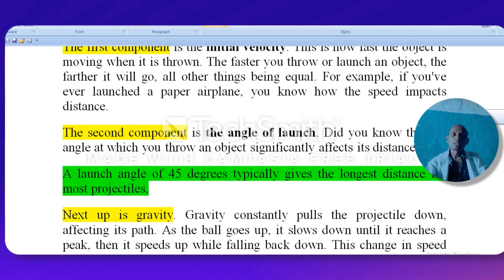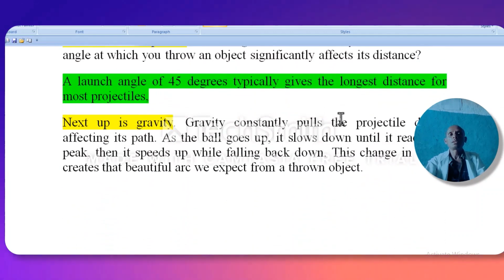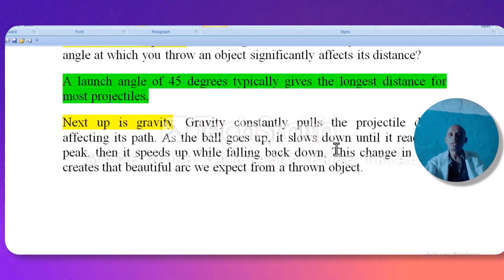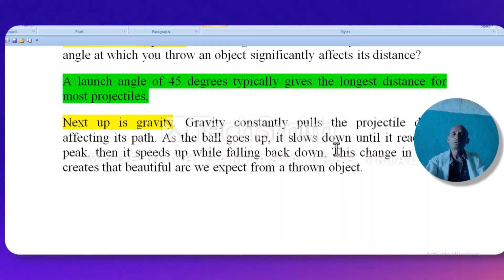The other factor is gravity, a constant that pulls the projectile down, affecting its path. As the ball goes up, it slows down until it reaches a peak, then its speed increases while falling back down. This change in speed creates the beautiful arc we see from thrown objects.